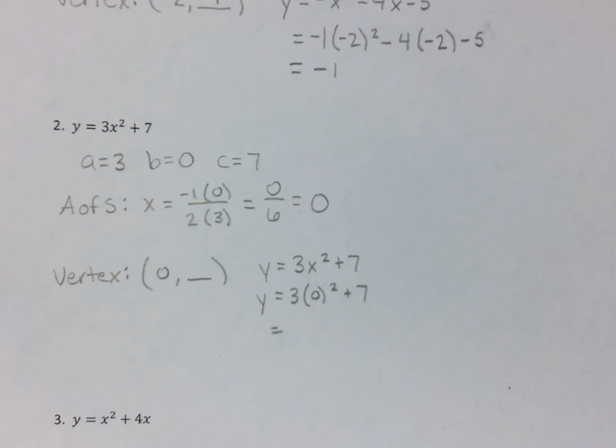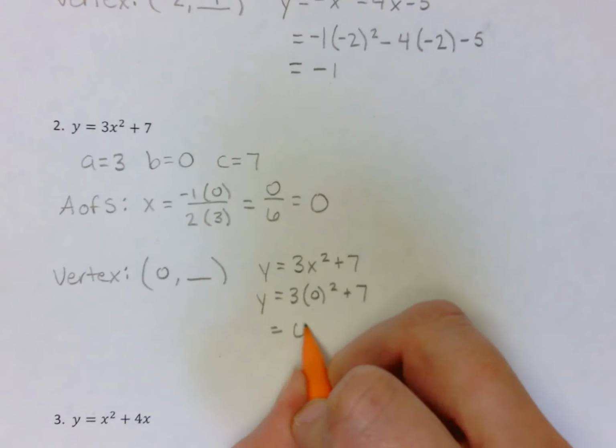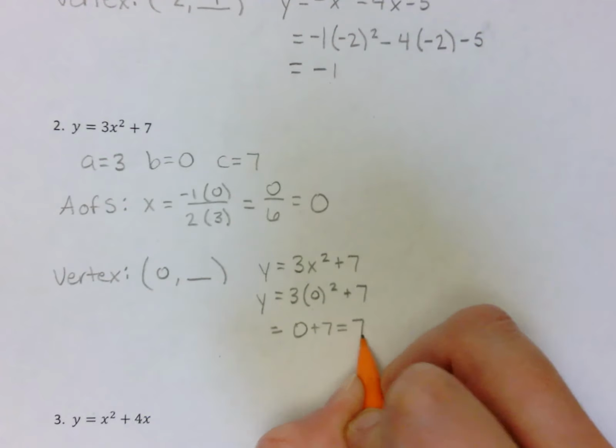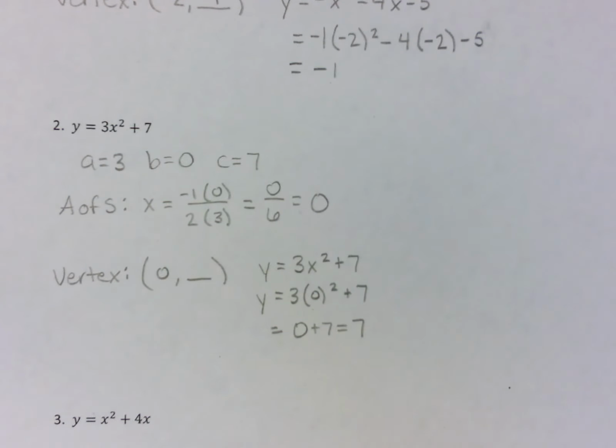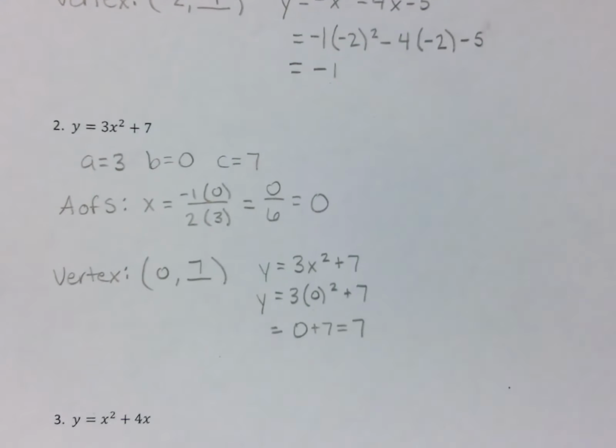If using a calculator, be sure to type in everything exactly as you've written it when you plug things in. We can use order of operations easily on this one. Exponents first, 0 squared is 0. Then multiply, so 0 times 3, all of that is still 0. And then we add 7. So 0 plus 7 is 7. You could also check this with a calculator. So the y value of the vertex would be 7.